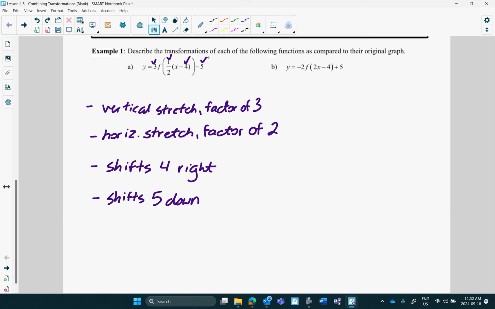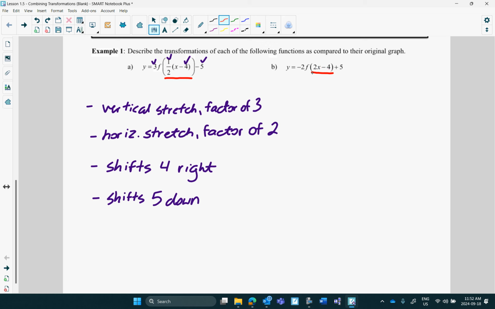Okay, B. Look at the inside of the function. Inside the big parentheses, compare this one to this one. What's different? Right, there are 2 sets of parentheses in the first one.